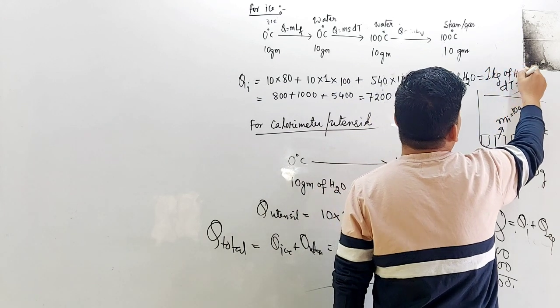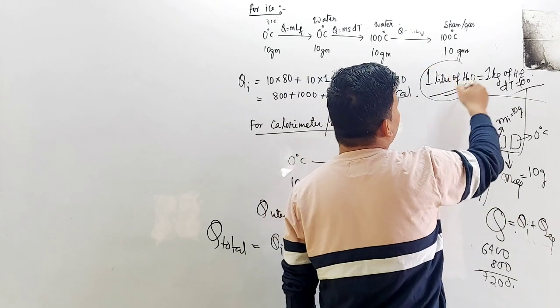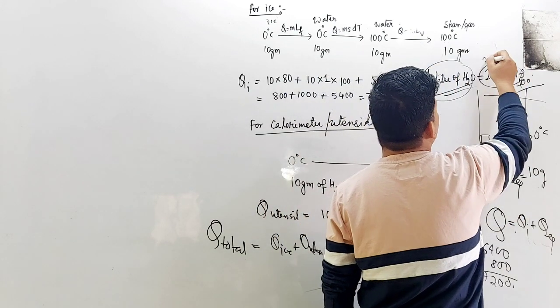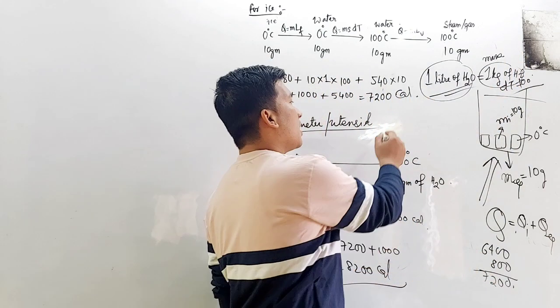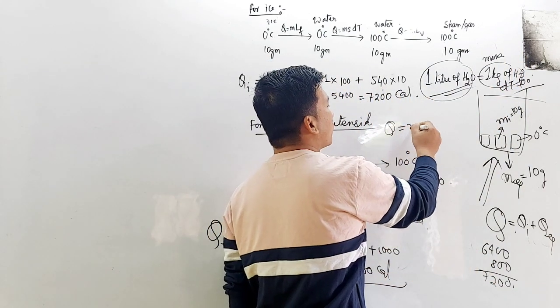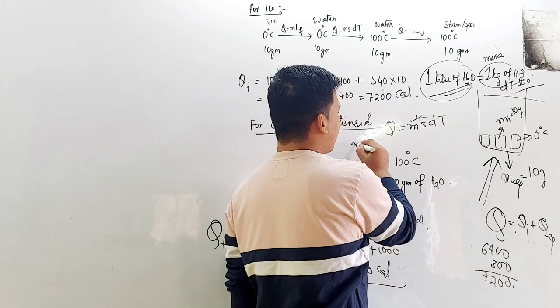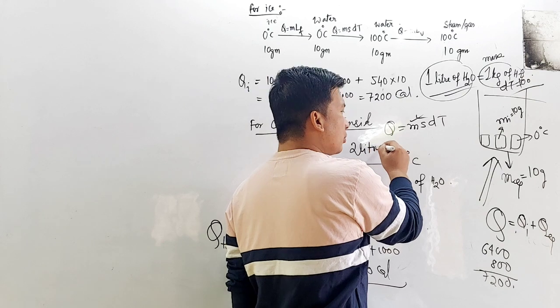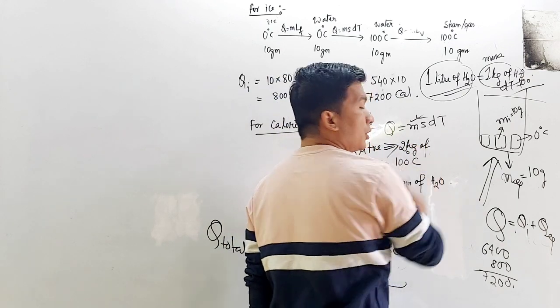This is our commercial unit of volume, and this is our mass unit. For our calculation, heat will be equal to mass into specific heat into delta T. And if 2 liter is given, the 2 liter of water will be replaced with 2 kg of water. Do you understand?